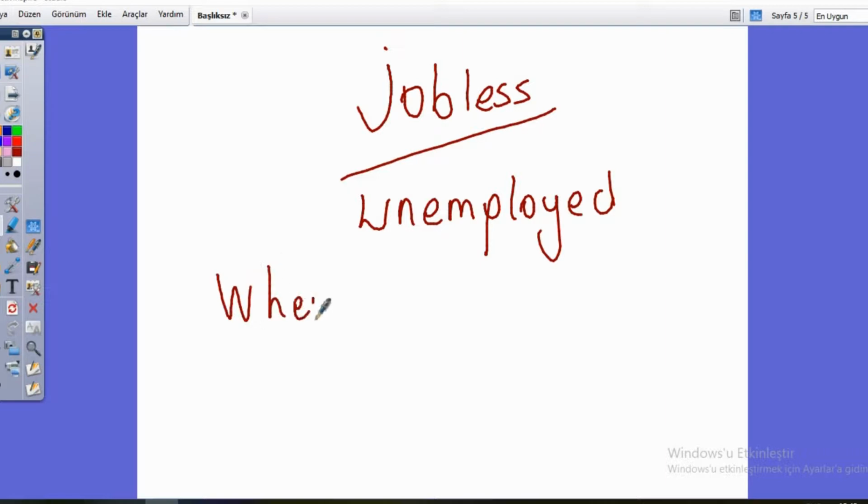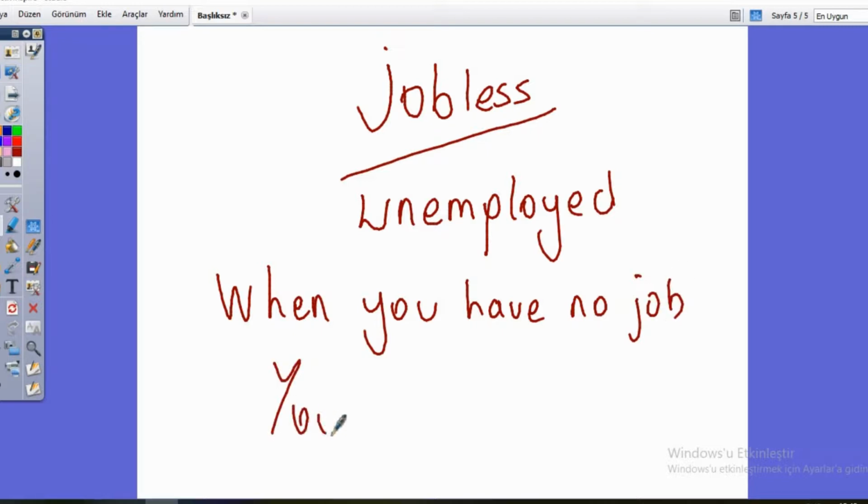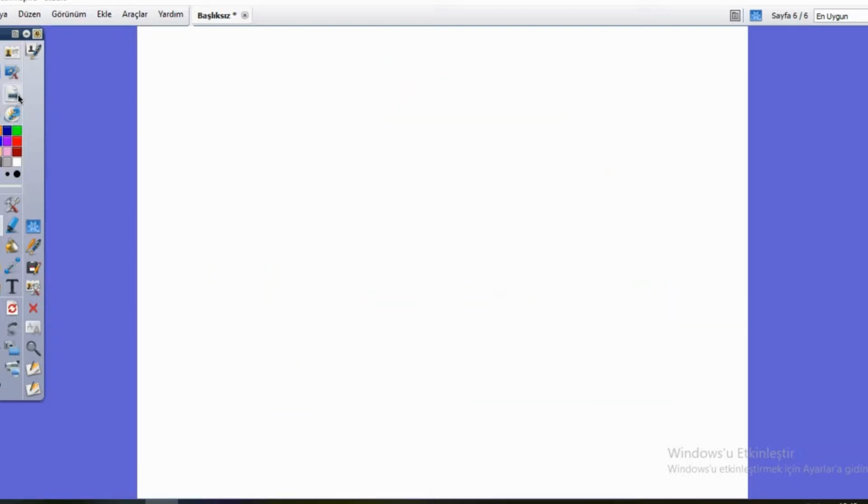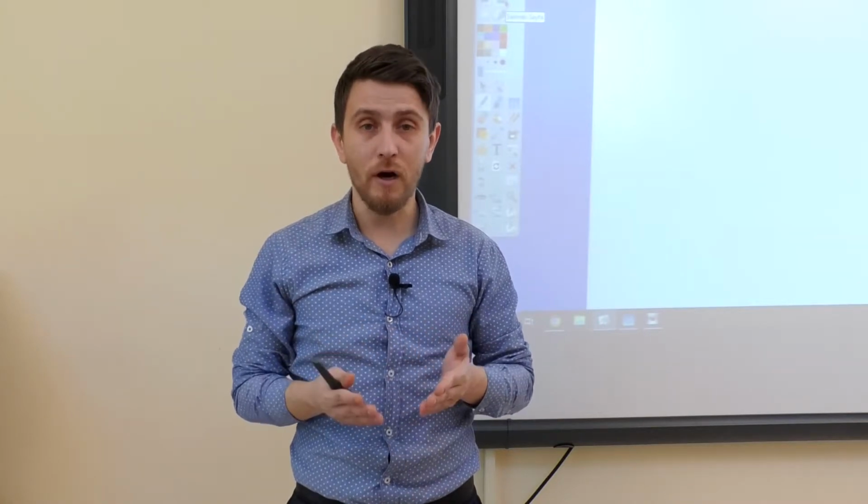When you have no job, you are unemployed, or you are jobless. And my grandfather is now 69 years old. He doesn't work because he worked in the past. So now he is retired.